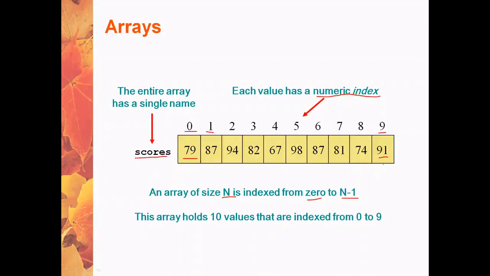So if you have an array of size 10, then the index always starts from 0 to n minus 1, that is 10 minus 1, which will be 9. So the maximum index value can be 9. So this array holds 10 values that are indexed from 0 to 9. Okay, this is how array elements are represented in memory.